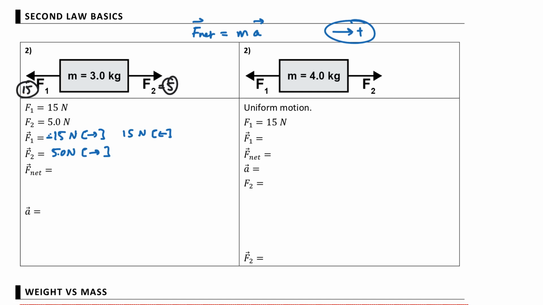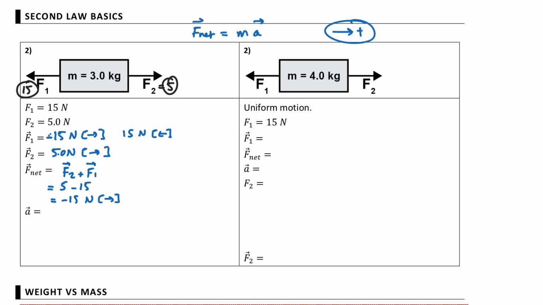So this is going to be F2 minus F1 in terms of magnitude, or I'll just write it as F2 plus F1 in this case, because I want a vector quantity, and F2 is positive 5, and F1 is negative 15. So this is going to be negative 15 Newtons in the right direction.